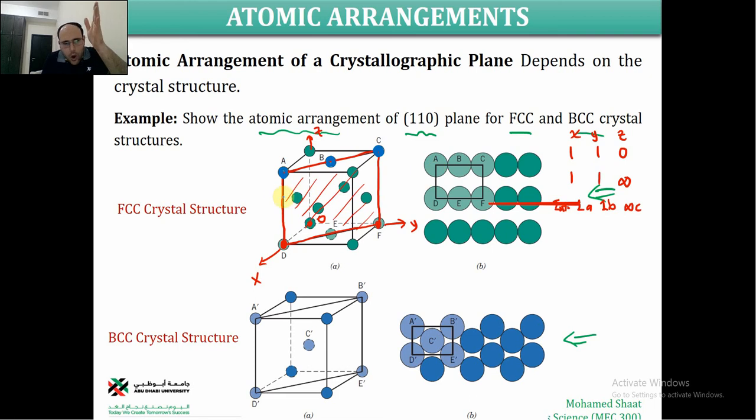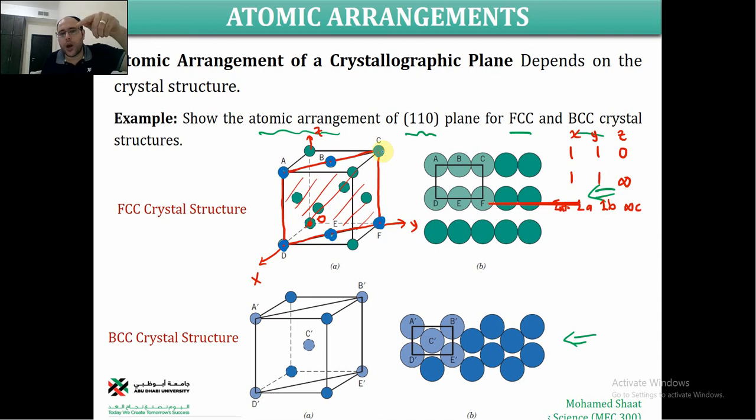If you go over this edge, there are no other atoms. But at the end, there is another atom, which is atom D. The same thing over this edge, there is atom E, which is located at the center of the bottom surface. This is one of the atoms located within this plane over that edge. And if you move to the end of the edge, you're going to find atom F, which is located at the other side.